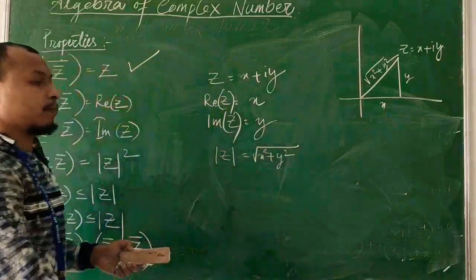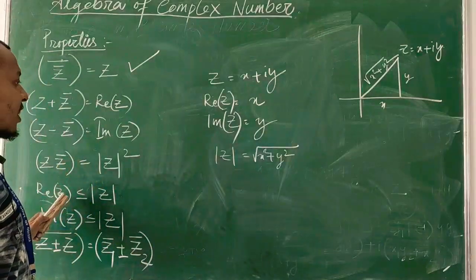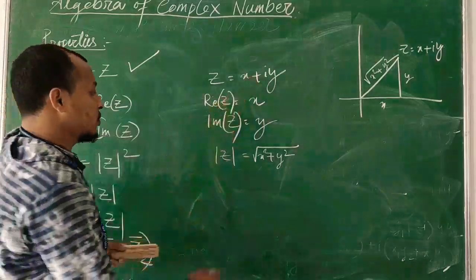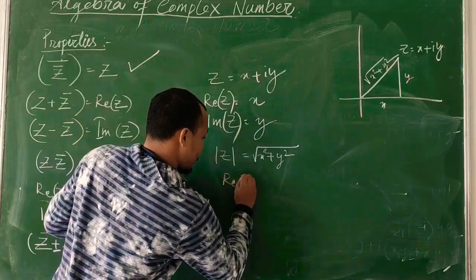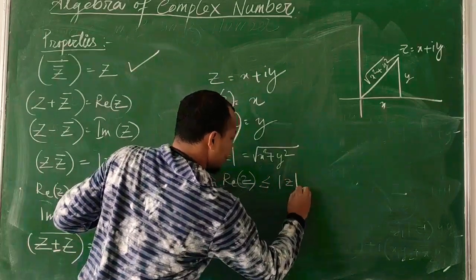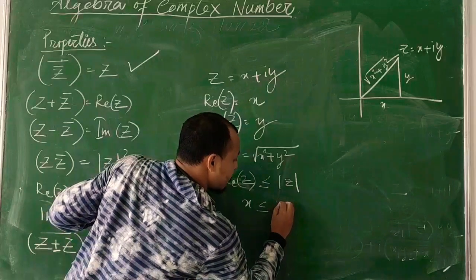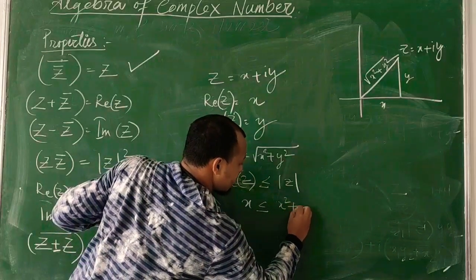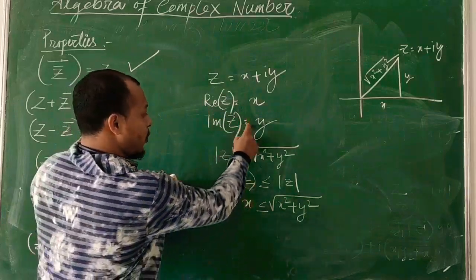Okay? So here the real part of z is only x. So this x is always less than or equal to mod z. The same case holds for y also.